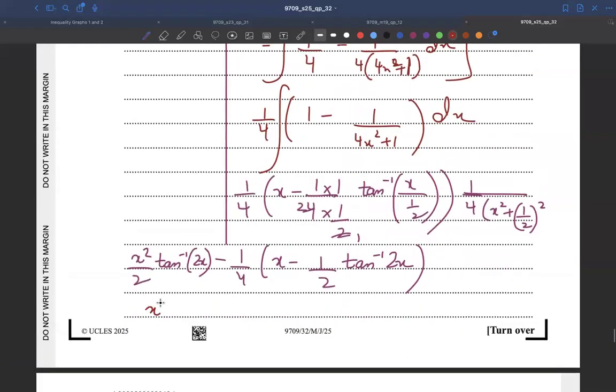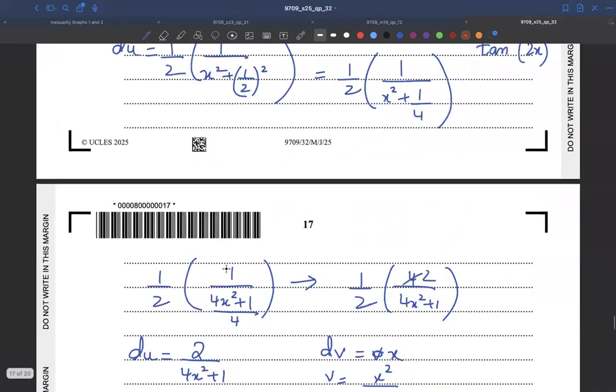Obviously, we'll have to open the bracket first, so we can write it like this. Minus 1 upon 4x plus 1 upon 8 tan inverse of 2x. And now using our limits that are 0.5 and 0.